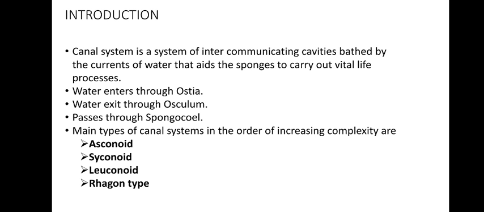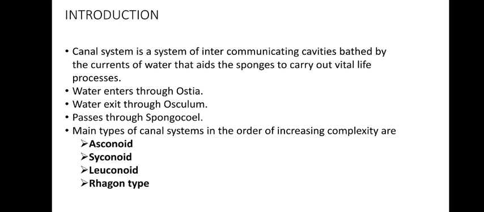The canal system is a system of intercommunicating cavities that are bathed by the current of water that aids the sponges to carry out vital life processes. As you all know, sponges are simple forms of metazoans or multicellular animals with the least specialization of any part.